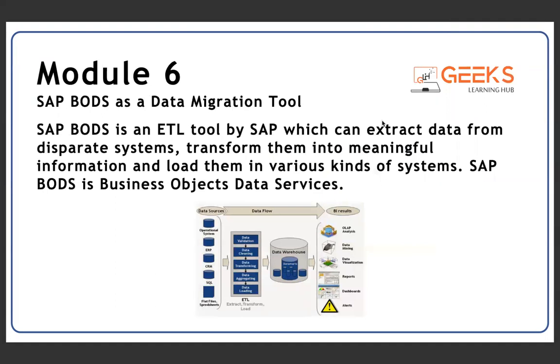So module 6 defines that BODS can be used, or can be termed, as a data migration tool. If you know from the name, what is data migration? Data migration means data, meaning any form of information, correct? Everyone knows that. Data forms the basic level of information for any type of object.